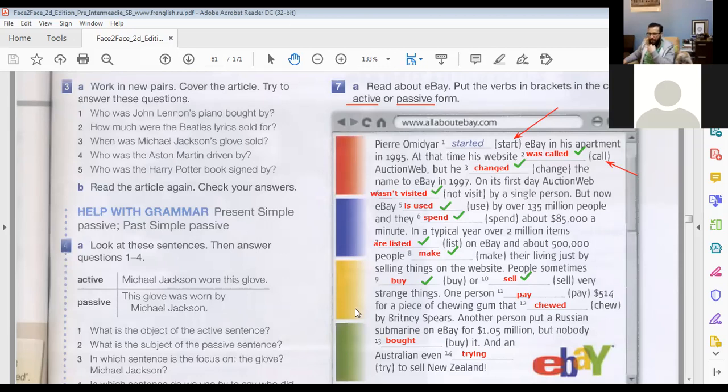Paid. Correct. Active وفي ال past simple. صح. Paid. Okay. How much did he pay? He paid $154 for what? For a chewing gum.